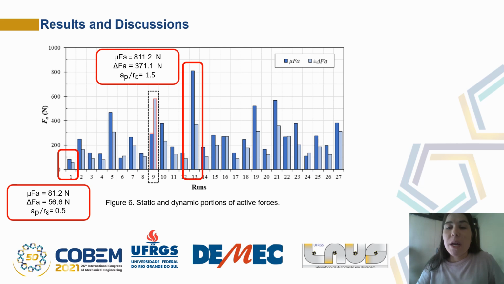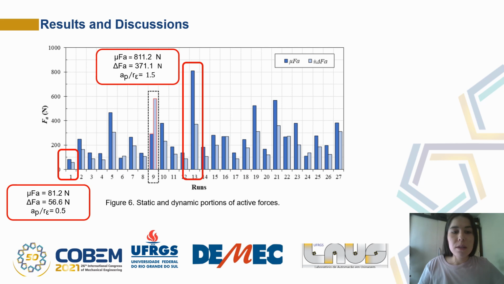Santos and Sally explain that with increased feed per tooth and depth of cut, the forces rise directly, almost linearly, due to an increase in the primary and secondary shear zones during cuts. So figure 6 shows the smallest and highest values for the active force.